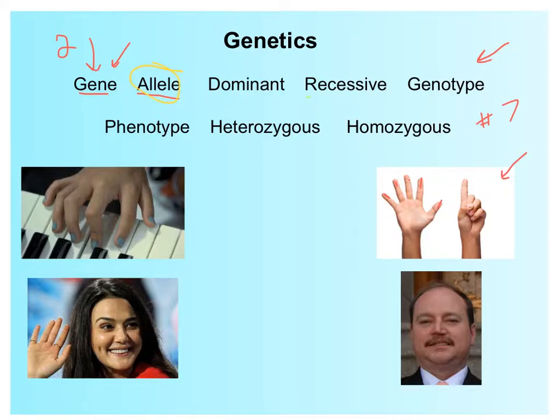is what's called recessive. That means the only way you can have 5 fingers is you have to have 2 recessive alleles. And we show recessive alleles or recessive traits with lowercase letters. We'll use an F for fingers. Now, over here, you can see this person actually has 6 fingers.